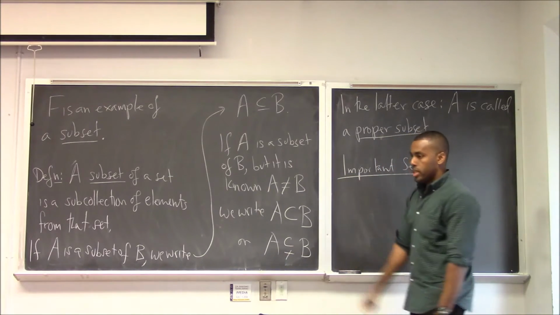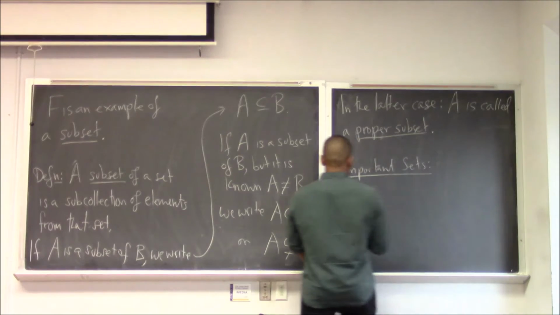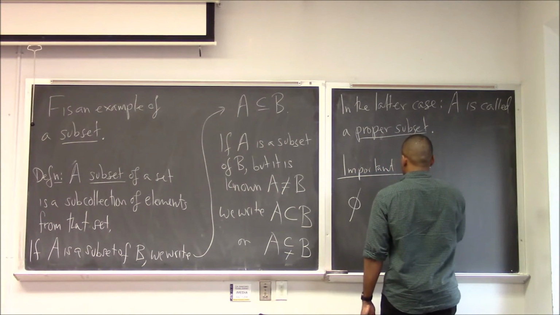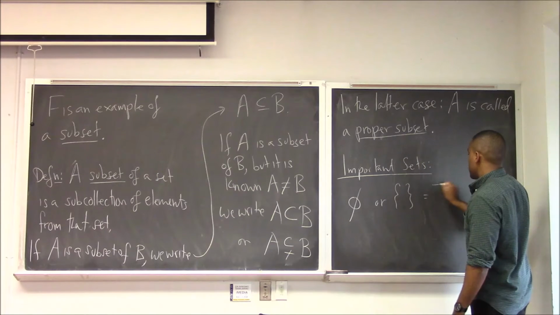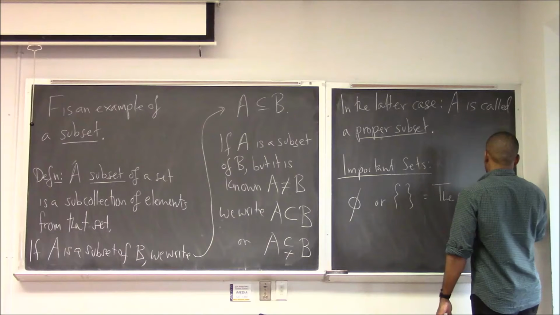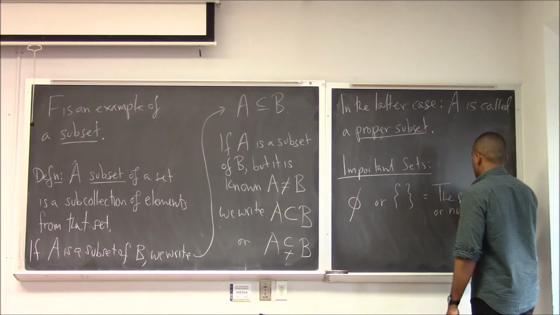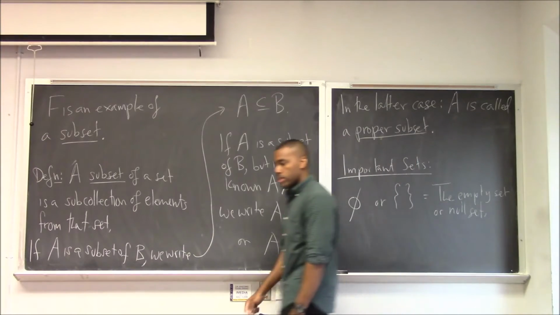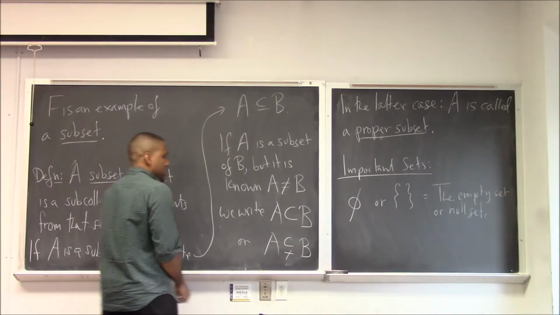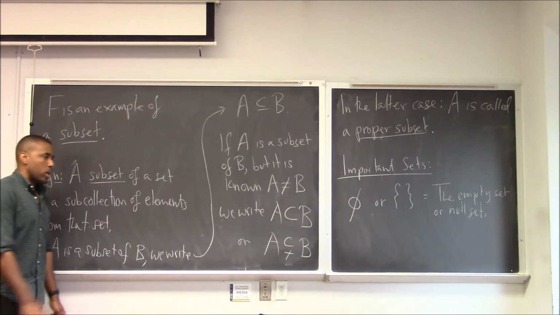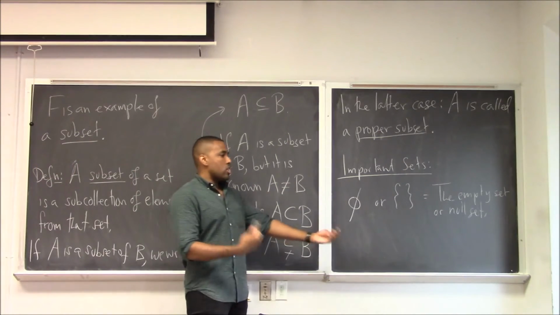There are some important sets. First one is called this or that. This is called the empty set, or the null set. It's the set that contains no elements. Right? So it's an empty subcollection. Sets like that arise when we do things like, okay, here's a group of elements.